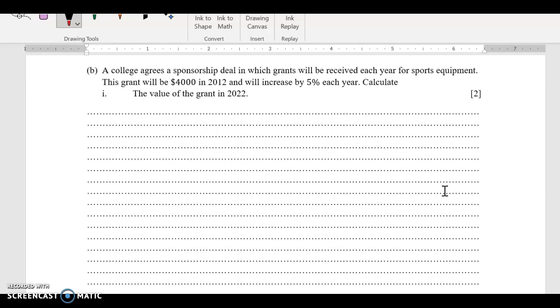Calculate the value of the grant in 2022. So here we can see a1 is given, which is $4,000, and the common ratio, it says 5% increase, so that means 100% plus 5%. So r will be equal to 1.05.